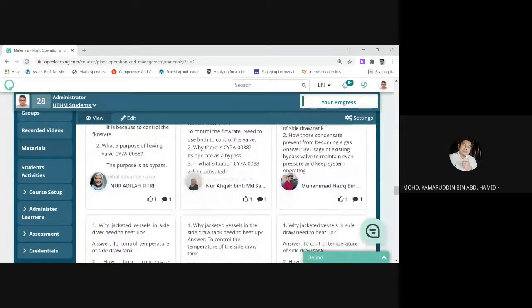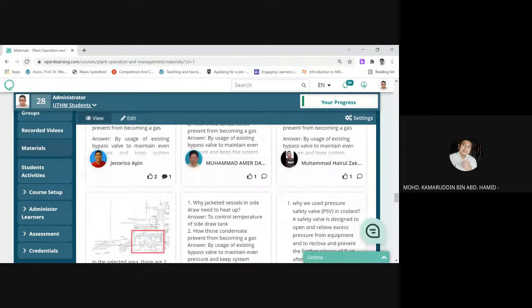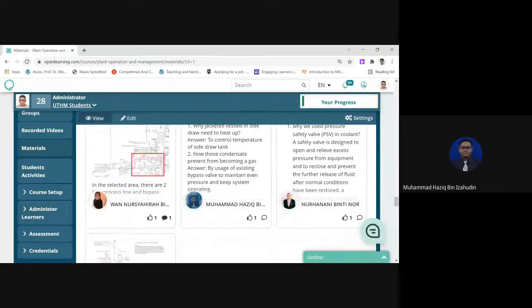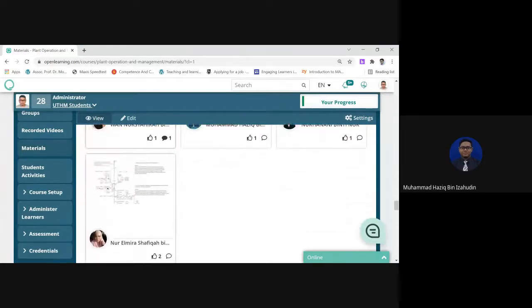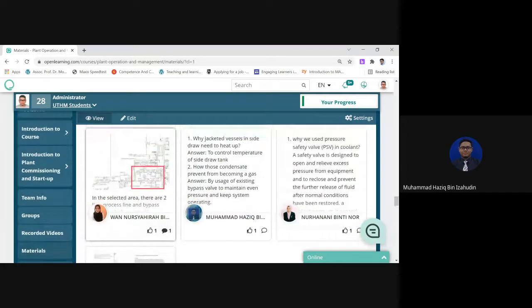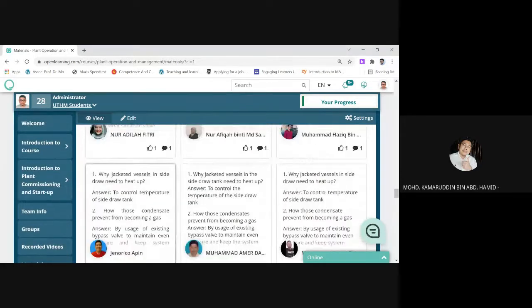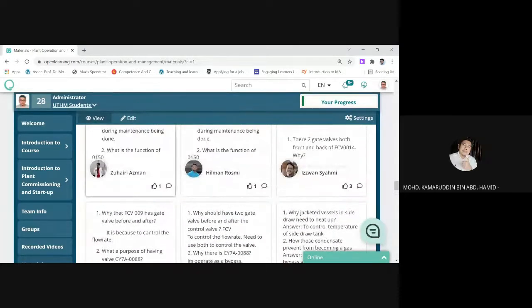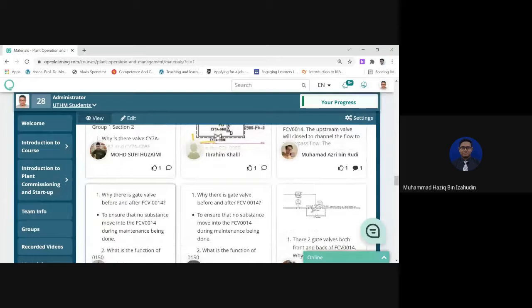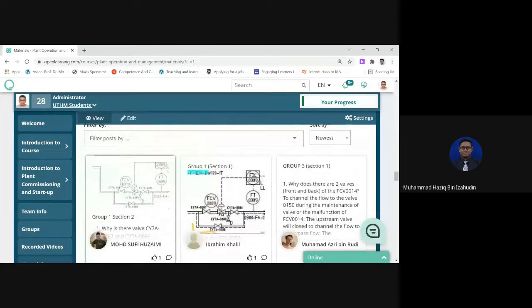Kat mana kau hantar? Dekat komen belah bawah doktor. Tak ada pun. Kau submit ke kau komen? Yang ni satu kan doktor, belah atas, belah bawah ni.